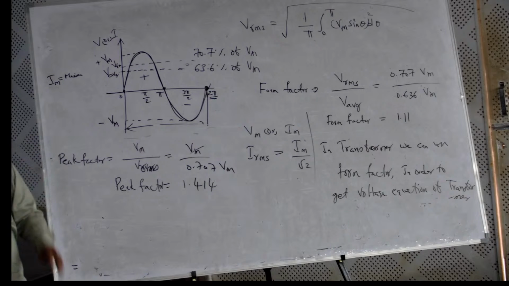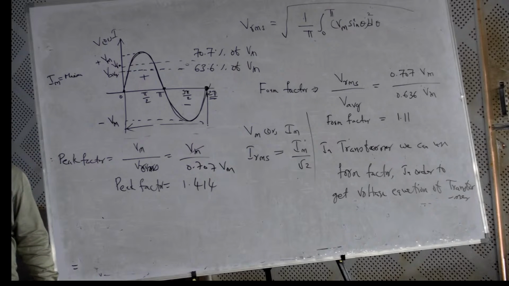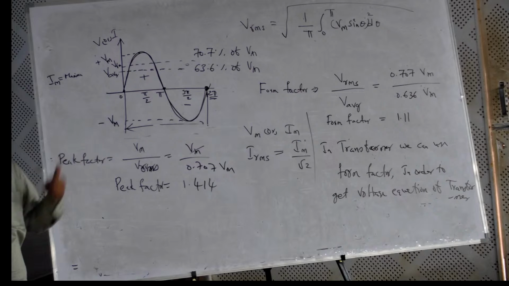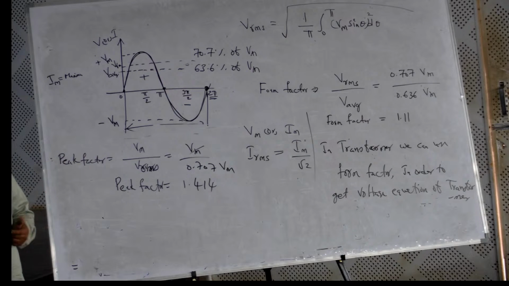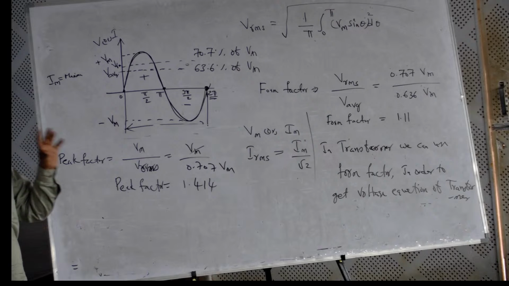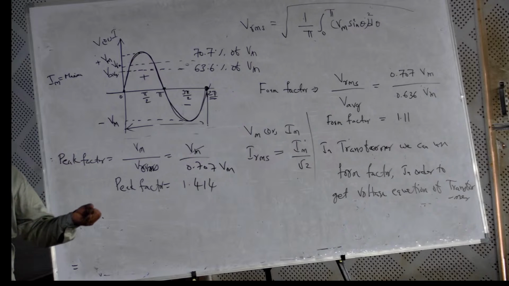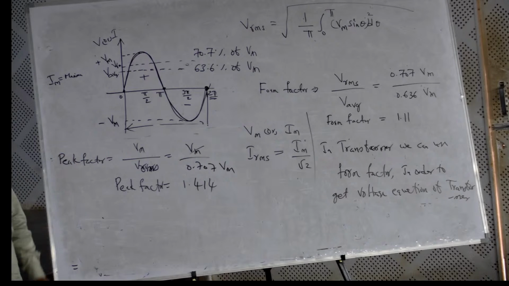Values of alternating voltage and current: instantaneous value, maximum value, average value, RMS value, form factor, peak factor.